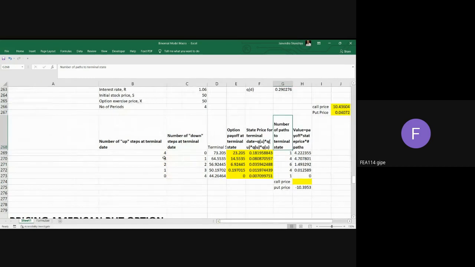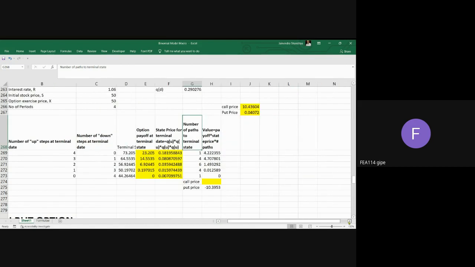Because this 4, 3, 2, 1, 0, you know it very well: all can go 4 up, or all can go 0 up, and in between 3 times up, 1 time down, 2 times up, 2 times down, 1 time up, 3 times down. So these and these are complementary. But what about this one? This is something that you need to either practice or look at the lattice very clearly, and then you can see.